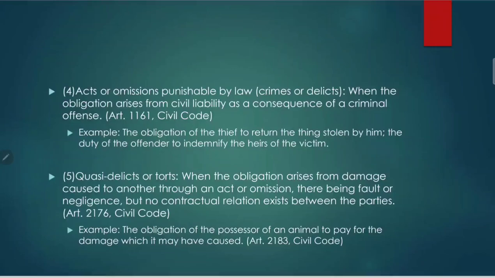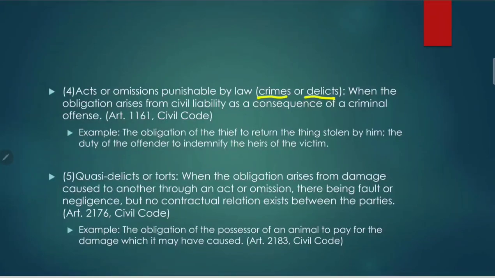Number 4, acts or omissions punishable by law, otherwise known as crimes or delicts. When the obligation arises from civil liability as a consequence of a criminal offense. So, yung obligation po dito, yung source ng obligation is the crime, and yung obligation arises from civil liability.